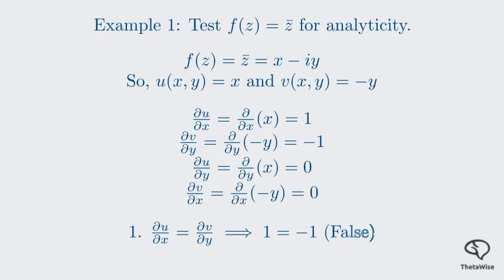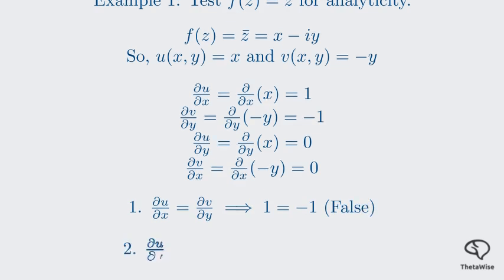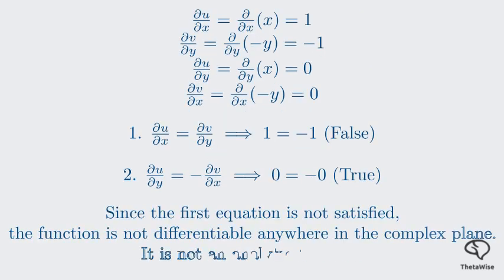The first equation fails. The second equation, uy equals negative vx, becomes 0 equals negative 0. This is true. Since the first equation is not satisfied, the function is not differentiable anywhere in the complex plane. It is not an analytic function. This is a crucial distinction from real analysis, where a function like this would be differentiable at every point.